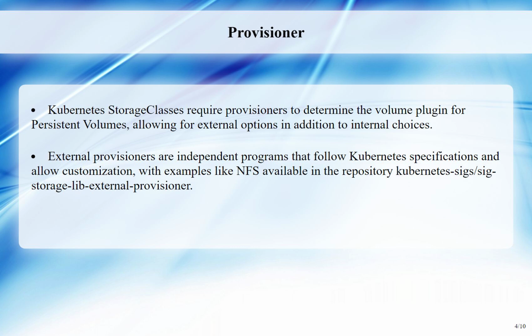The repository kubernetes-sigs/sig-storage-lib-external-provisioner contains a library for creating these external provisioners, and examples such as NFS can be used with external provisioners when internal options are not available. Third-party storage vendors may also provide their own external provisioner.